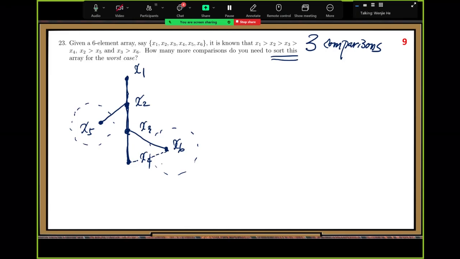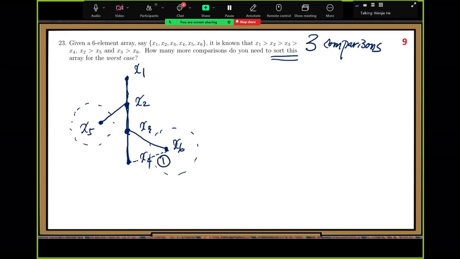So for the first comparison, you compare x4 and x6, because with one comparison you can put x6 in the ordered chain. You grow the ordered chain from 4 to 5 just by one comparison, because no matter whether x6 is greater than x4 or less than x4, you get a longer ordered chain.